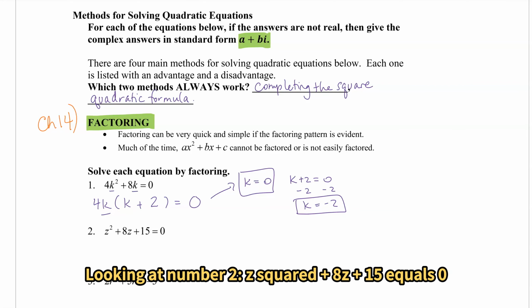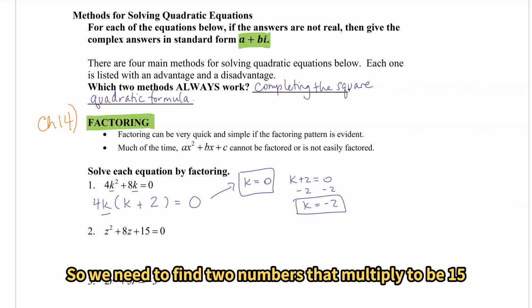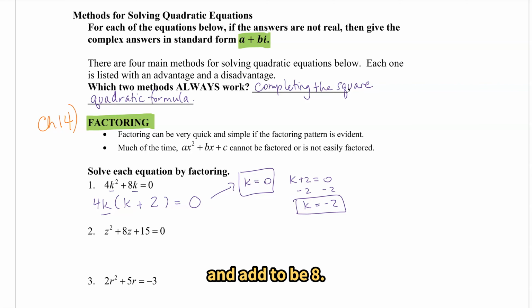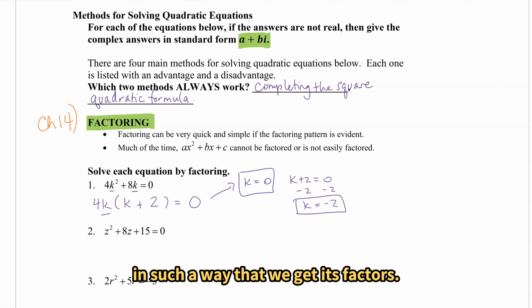Looking at number 2, z squared plus 8z plus 15 equals 0. Here we have a trinomial, 3-term polynomial. So we need to find 2 numbers that multiply to be 15 and add to be 8. We need to figure out how to break this polynomial in such a way that we get its factors.